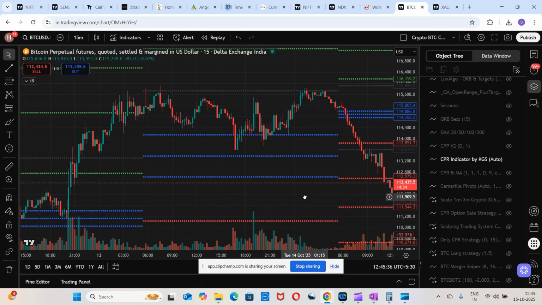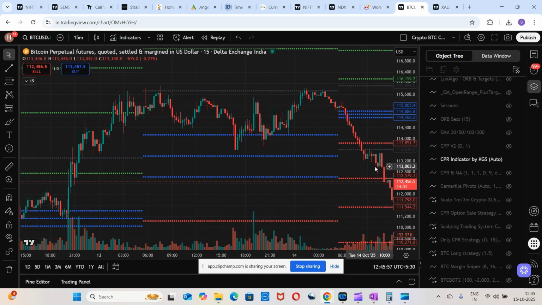Okay, and one more thing you need to remember as far as CPRs are concerned is the width of the CPRs. So this width is very high. Normally, it's not 100% sure that if it is narrow, then momentum will definitely be there, but there is a high probability that momentum will be there.